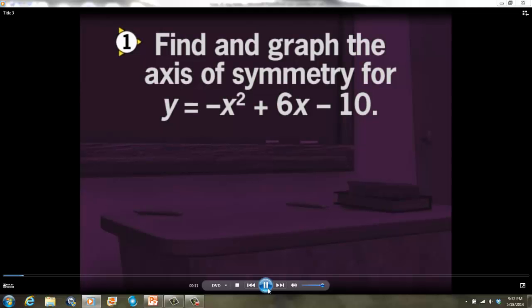In question 1 of Guided Practice Set 1, find the equation of the axis of symmetry for the graph of the equation y is equal to the opposite of x squared plus 6x minus 10. In this video, they're going to refer to this equation as having 4 different problems, but actually this is simply example number 4 in the last part of your video notes.